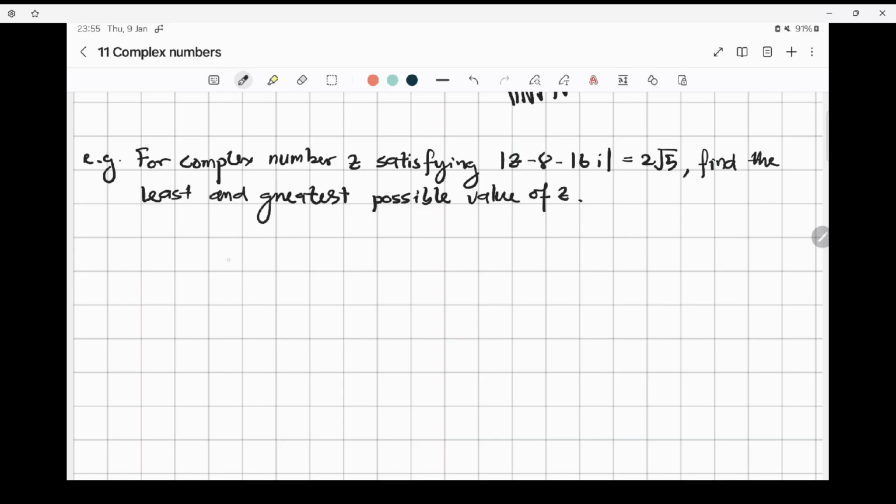So before you do this question, remember to sketch the diagram, because this is basically a geometry question.